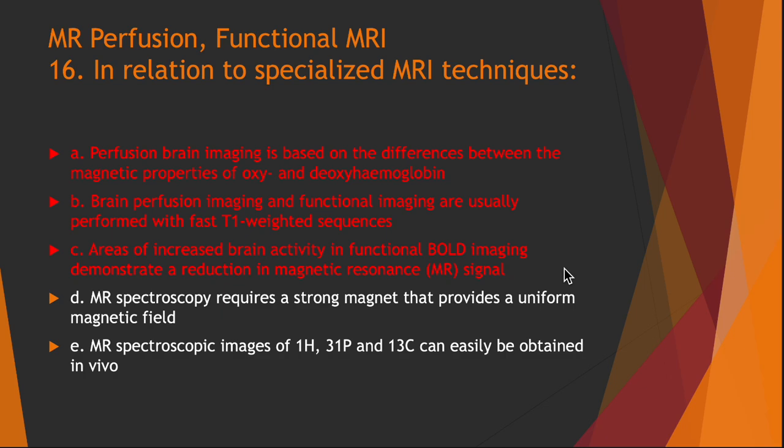Now this oxyhemoglobin, due to its diamagnetic effect, will have an increased signal on T2 weighted sequences than the paramagnetic one. So that's why it will appear as increased signal in the magnetic resonance signal. The statement says increased brain activity in functional BOLD MR demonstrates a reduction. There should have been an increase in the magnetic signal. Then it would have been true.